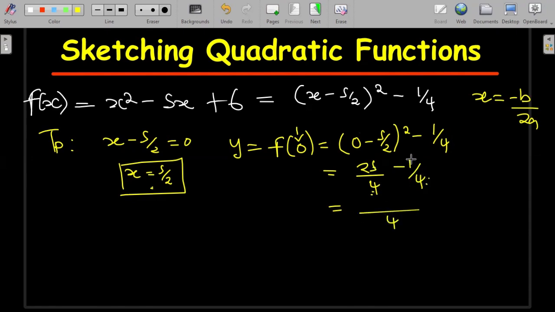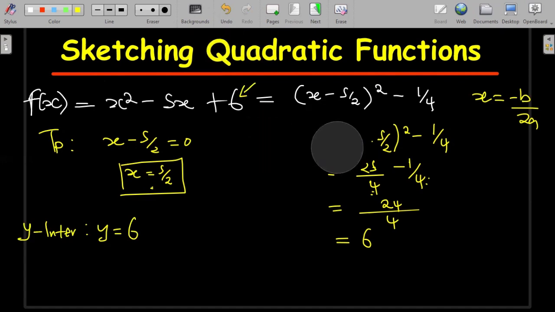So it will be 25 minus 1, which is 24 over 4, which is 6. You notice that it's the same as the y-intercept. Sorry, I got confused. This is the y-intercept, not the y-coordinate of the turning point. So the y-intercept is still 6, just like in the original equation. I was finding the y-intercept instead of the y-coordinate of the turning point.